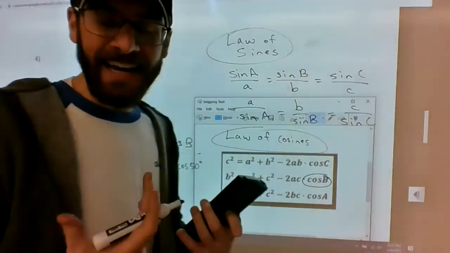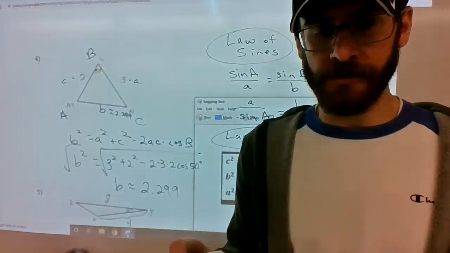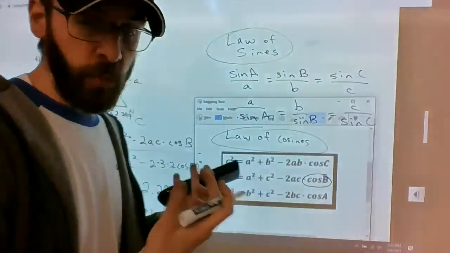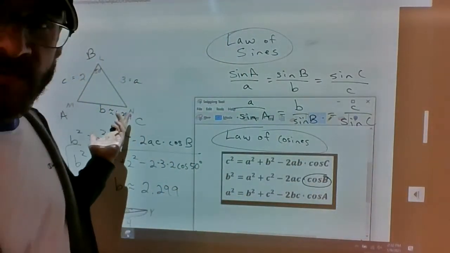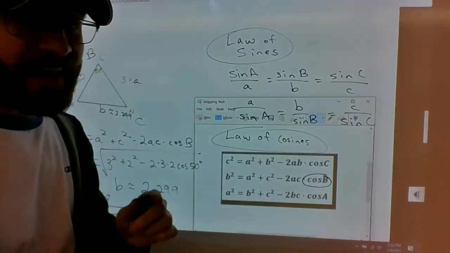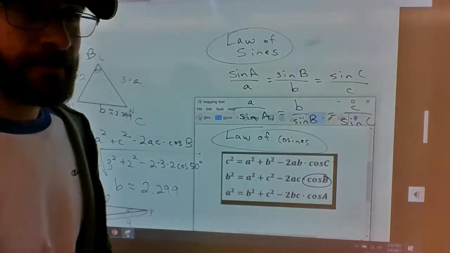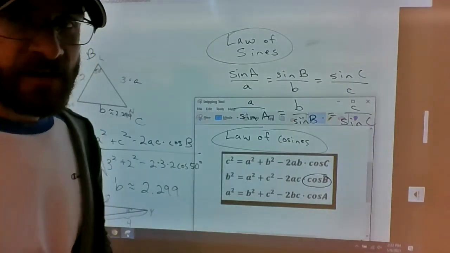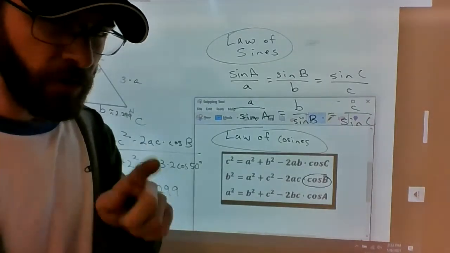All right, now I didn't totally solve any of these for you guys. What I wanted you to see was that, hey, I can find a total unknown side here by just doing this. Now, if we're solving for the height and we're trying to find area, there's a completely different formula than what's given here. I'm going to let you guys investigate that on your own.